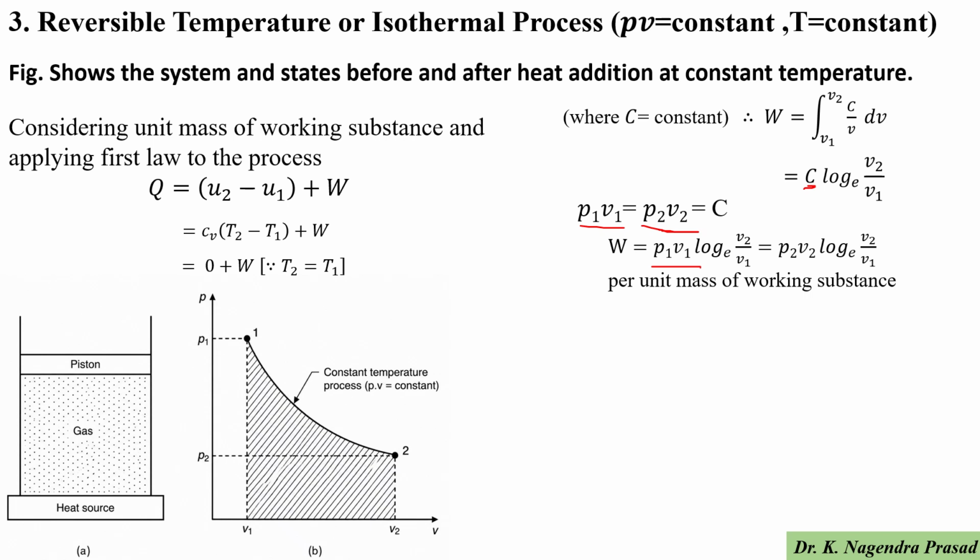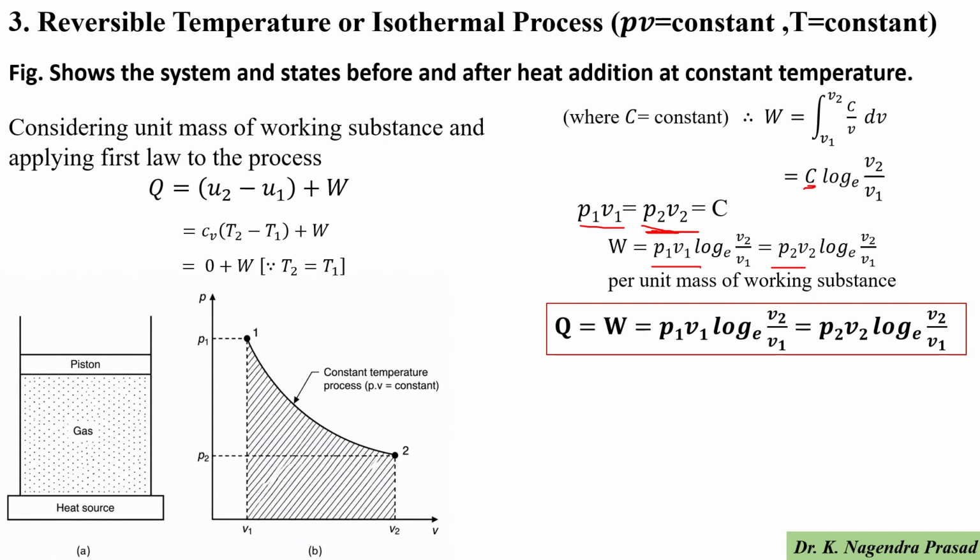If we consider C equal to P2 V2, then W equals P2 V2 log base e V2 by V1. In the isothermal process, internal energy is 0, then Q equals W, and the relation is P1 V1 log base e V2 divided by V1, which is equal to P2 V2 log base e V2 divided by V1.